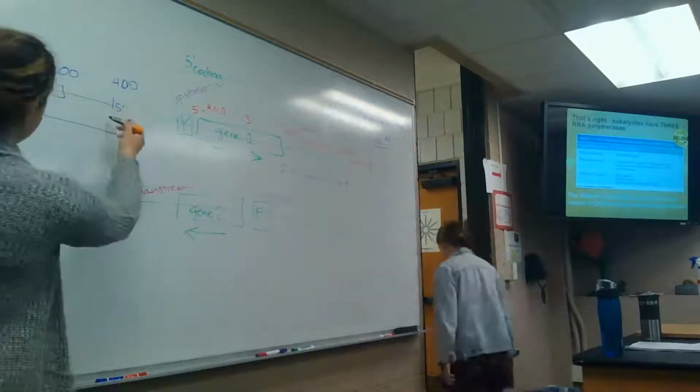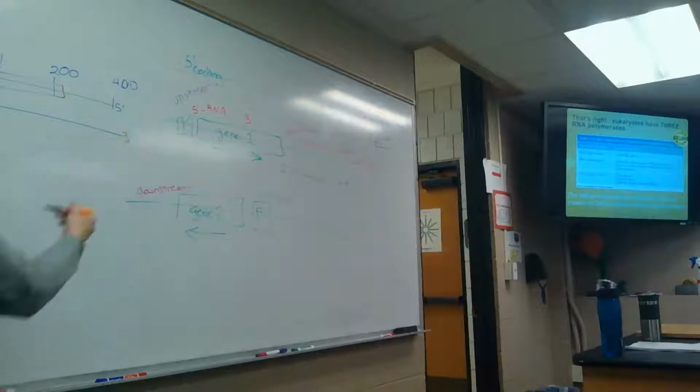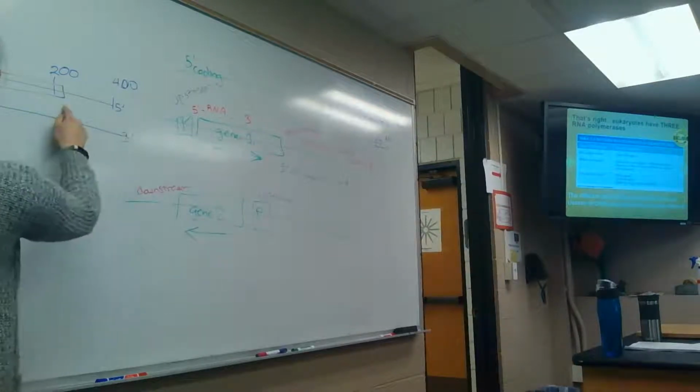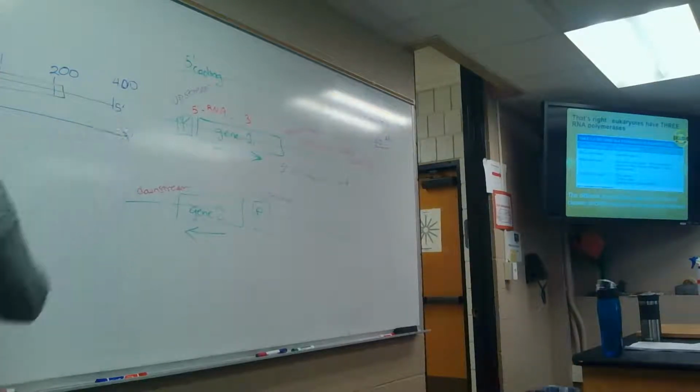This region is downstream of the gene. Upstream of the start site is usually indicated by negative numbers, because it's before 0 for the start site. So again, the promoter is close to the 3' end, and the end of the gene is close to the 5' end. It's opposite for the complementary strand.